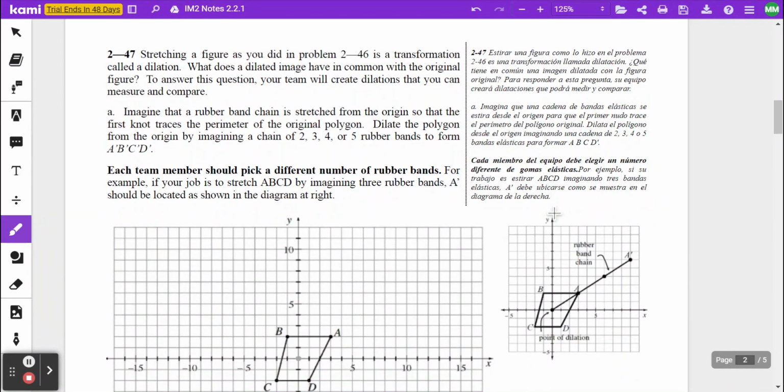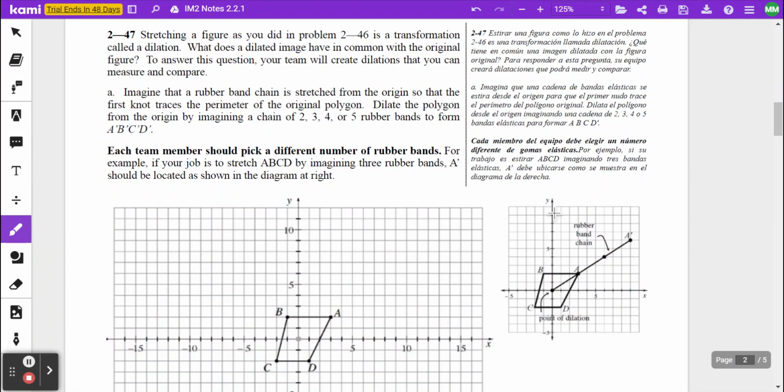Problem 2-47. Stretching a figure like we did in the rubber band lab is a transformation called a dilation. That's a big vocabulary word. A dilation image has several things in common with the original figure, and we're going to investigate what those things are. To answer this question, we will create dilations that we can measure and compare.